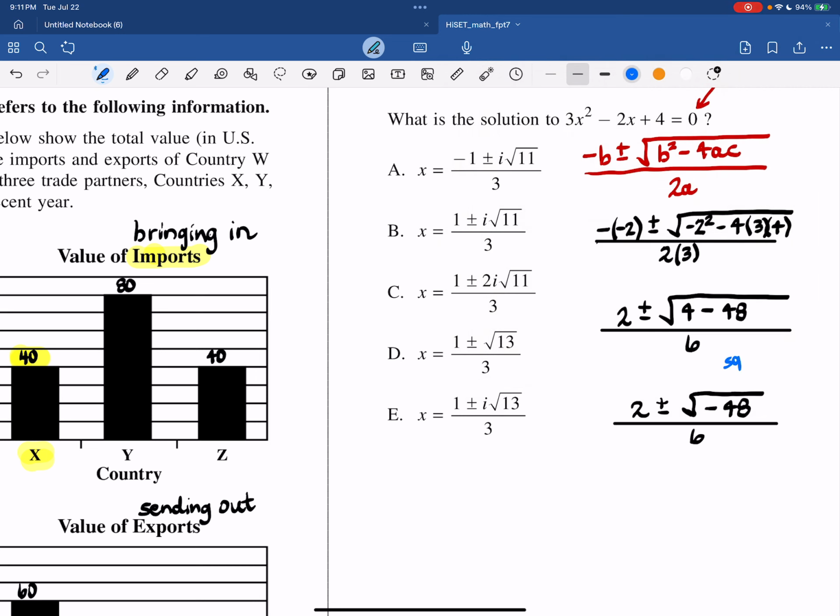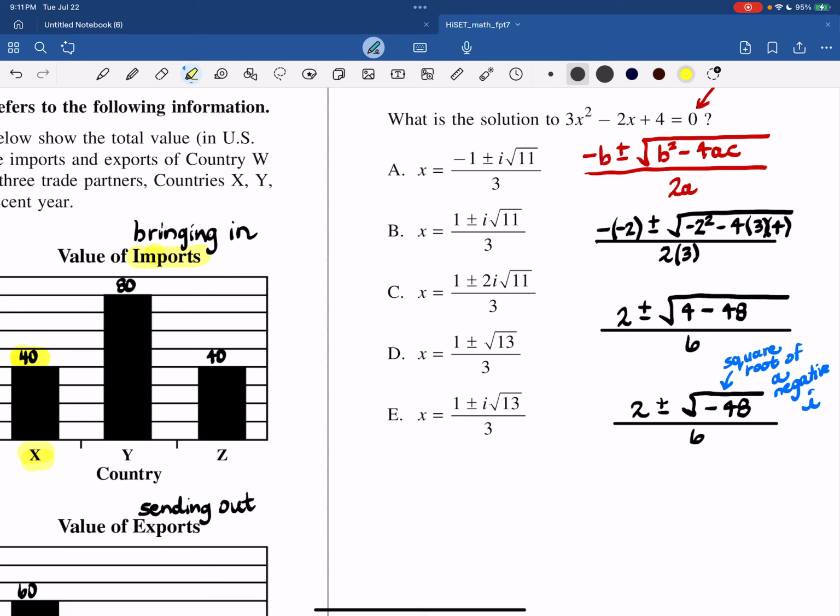This is the square root of a negative. And that's where the imaginary number comes into play. That's what that i is in your answer choices. Because we're trying to take the square root of a negative number, we're introducing the imaginary number into the equation. So let's keep going here. Let me just show you what I mean.